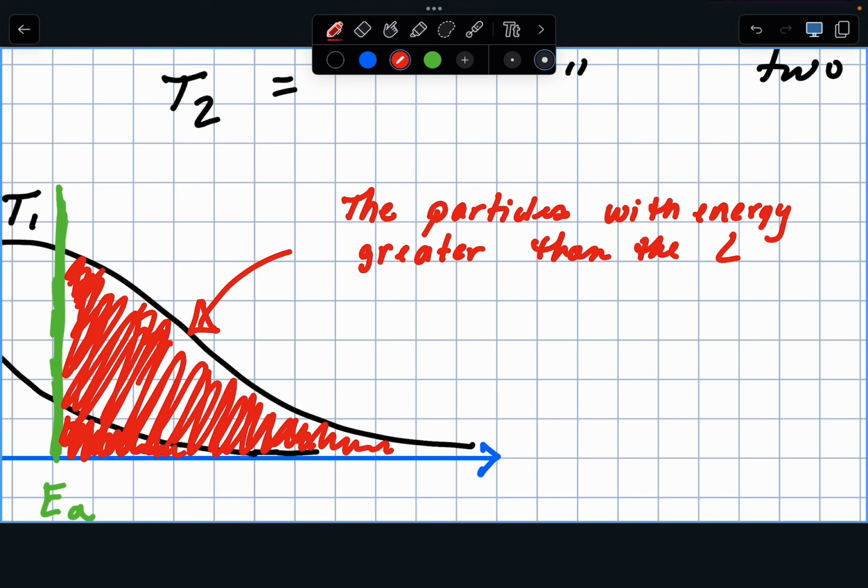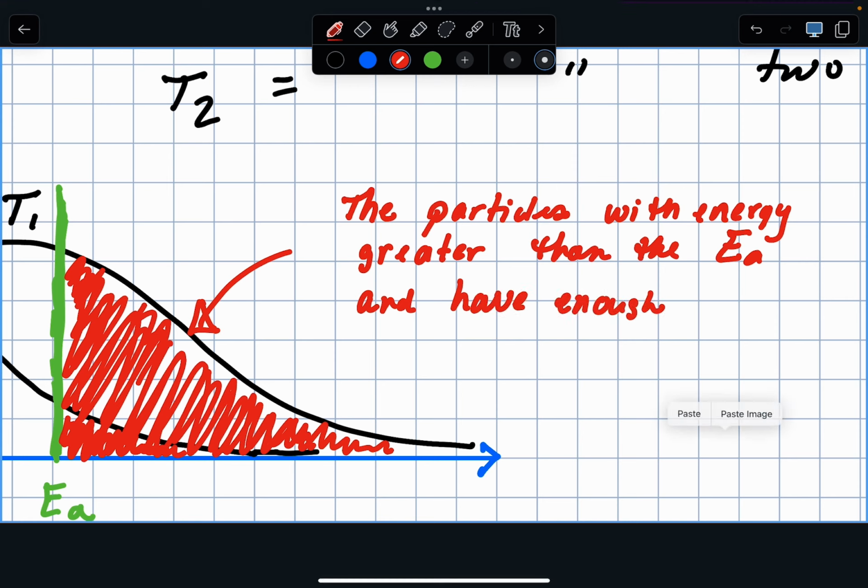And I'm just going to put EA for activation energy just to save some room. So the particles with energy greater than EA have enough energy to react.